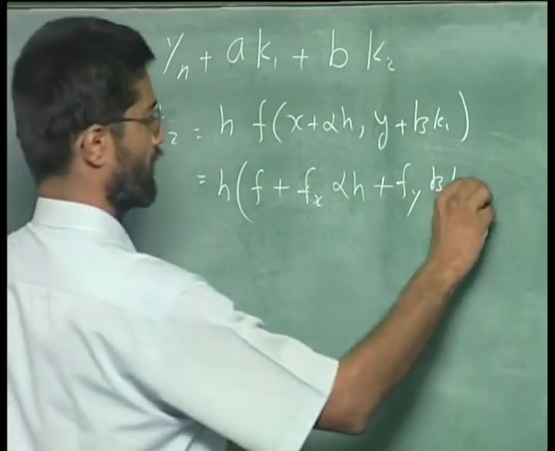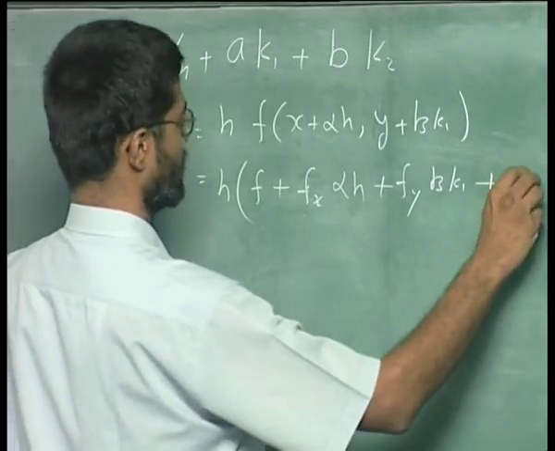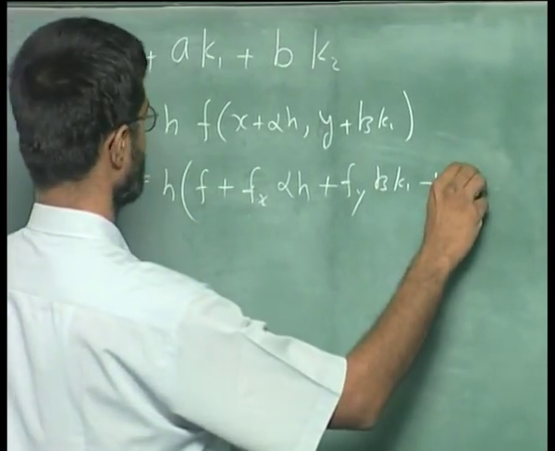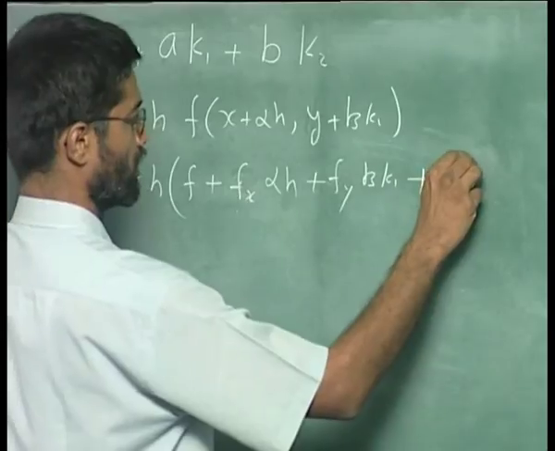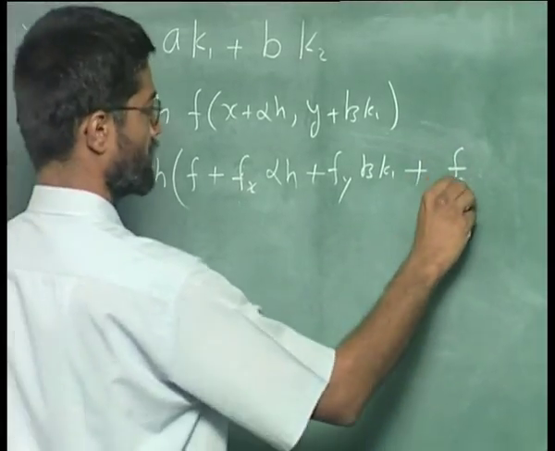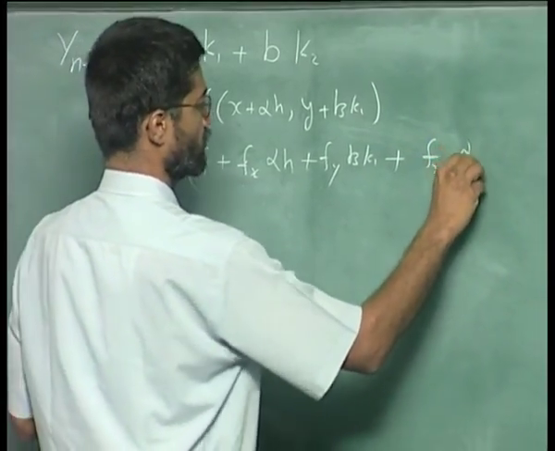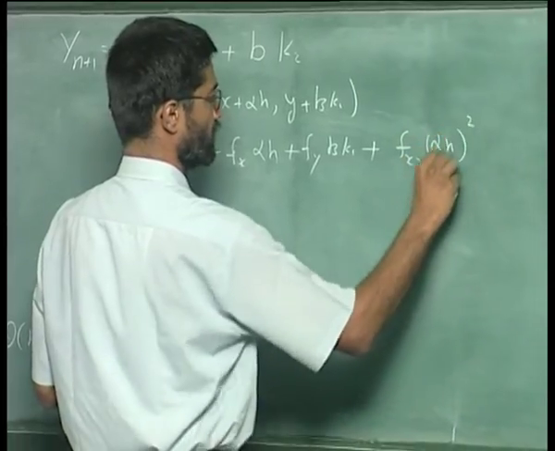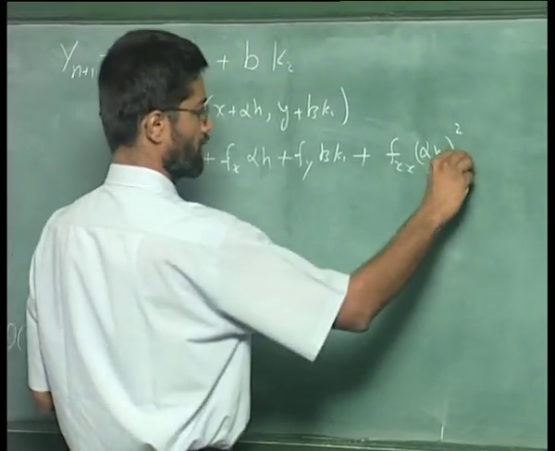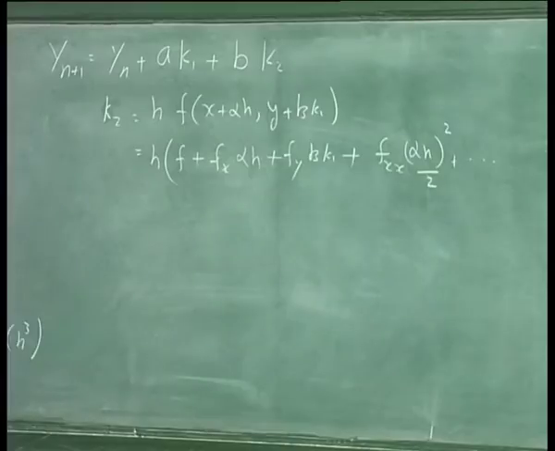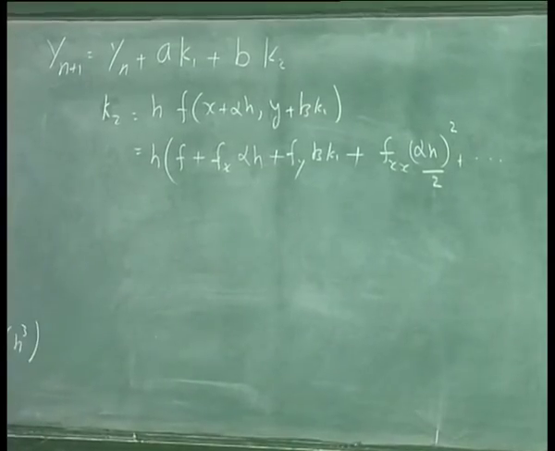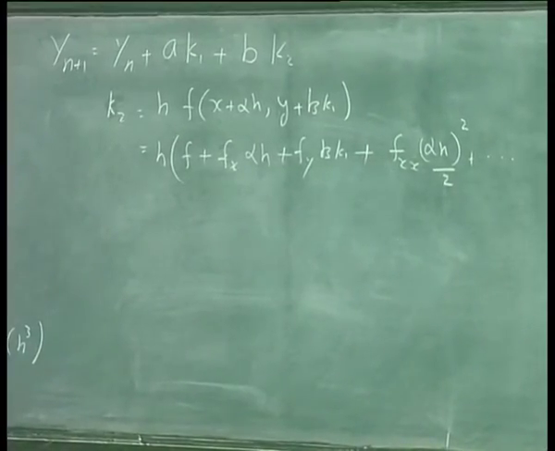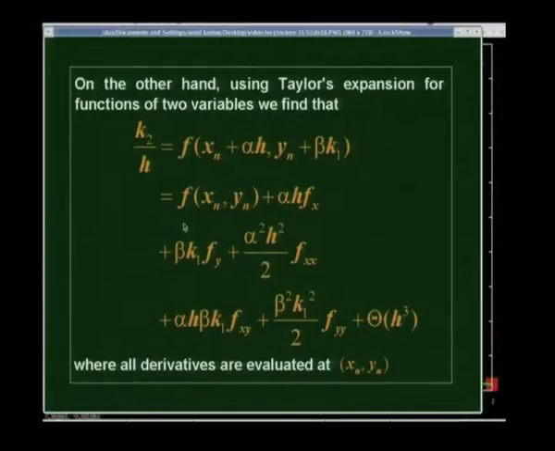And then I have the second derivatives, so that will have f_xx alpha h squared by 2 and then higher terms. So I can write it in the full series like that. So I can expand this k2 around the whole function value in this fashion.